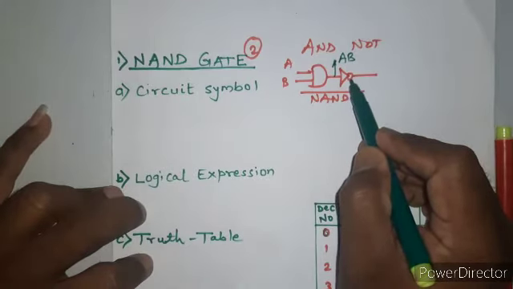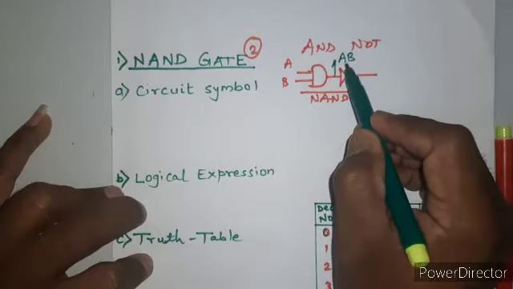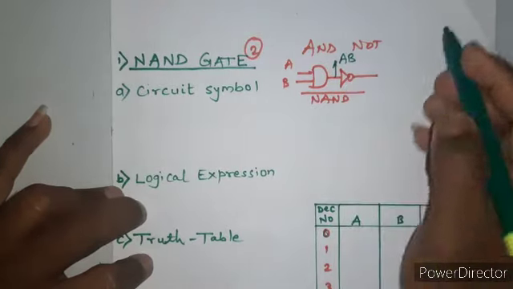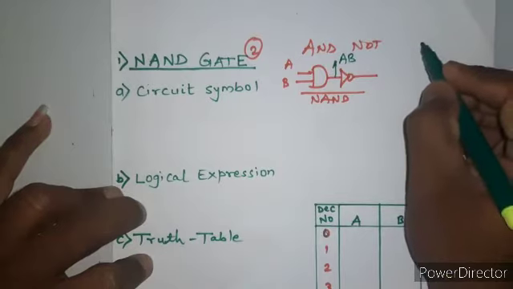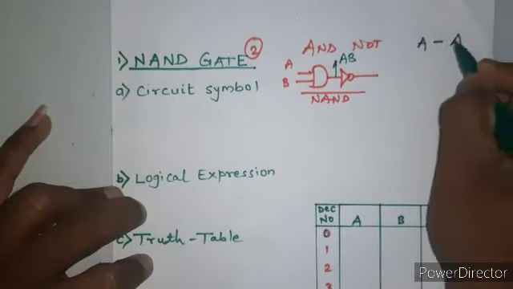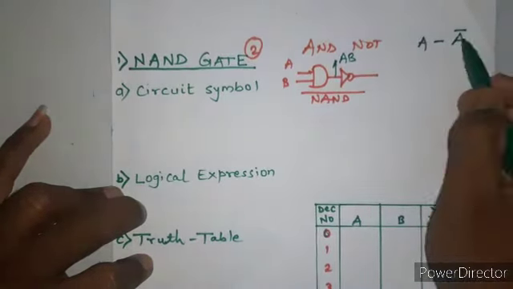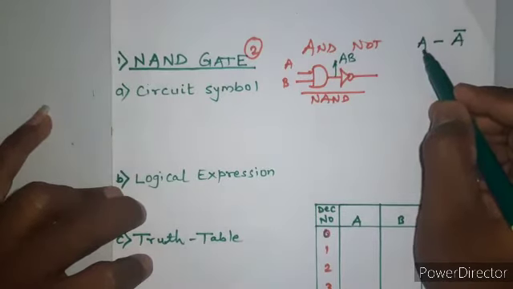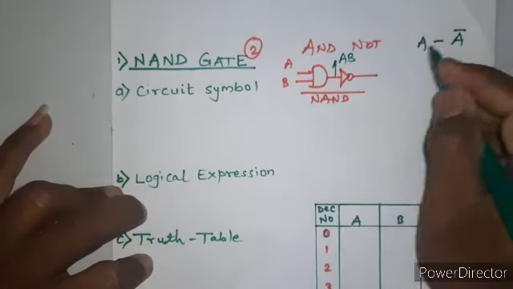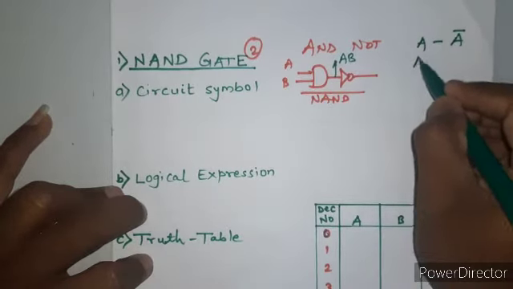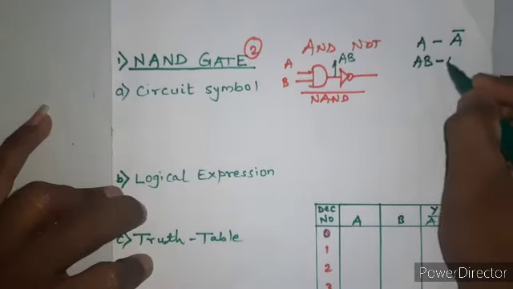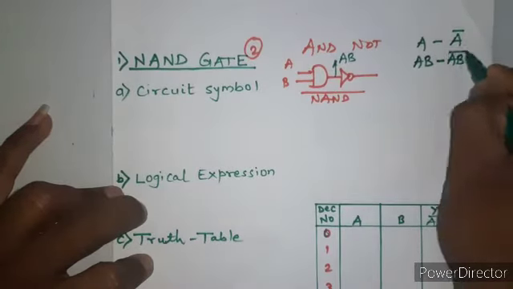Now this AB is the input to this NOT gate. As we have seen, for NOT gate, if input is A, then output is A bar. Now A bar means opposite of A. But here I have this input as combinedly AB, so this becomes AB whole bar.